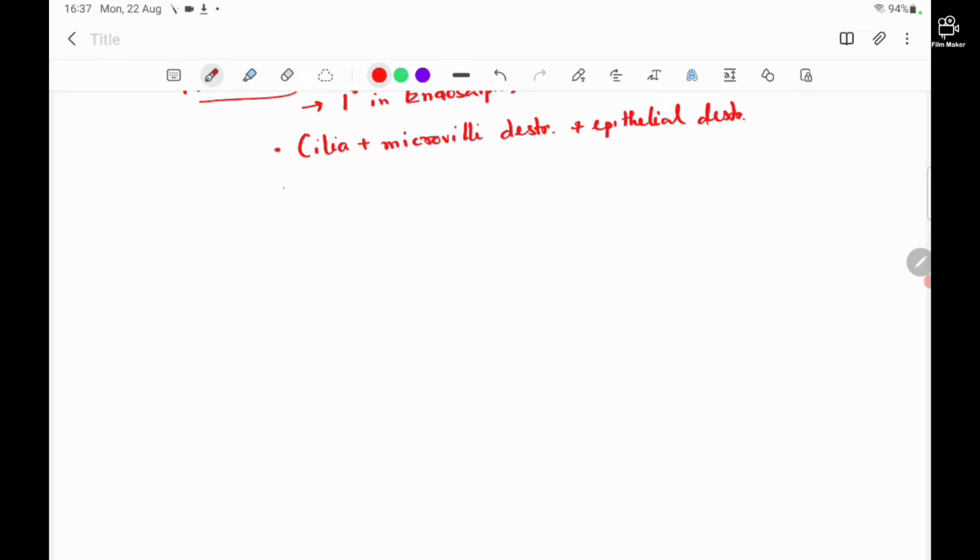Then there is acute inflammation in all layers of the tube.